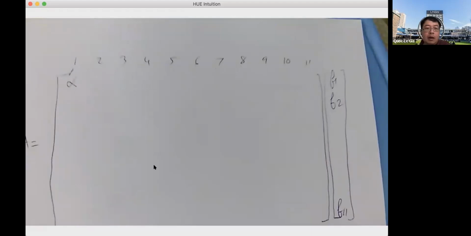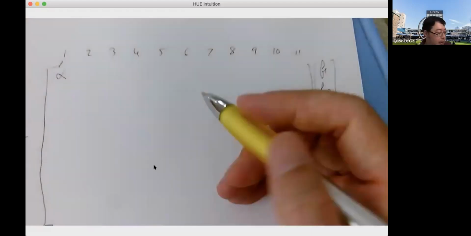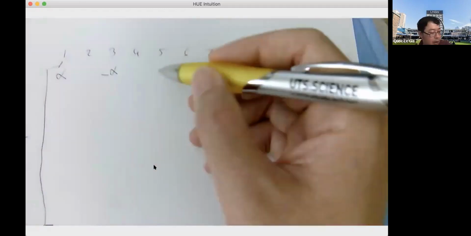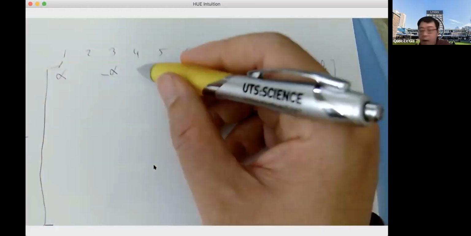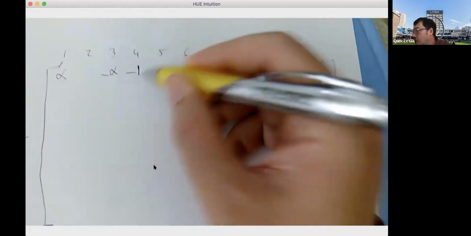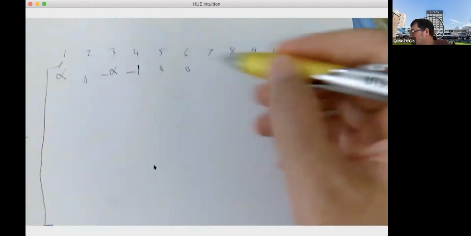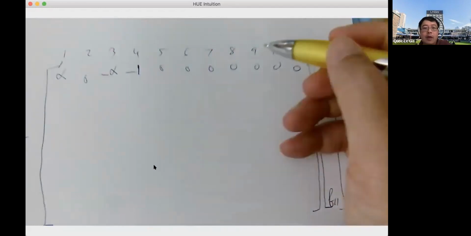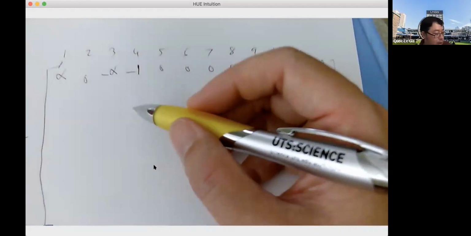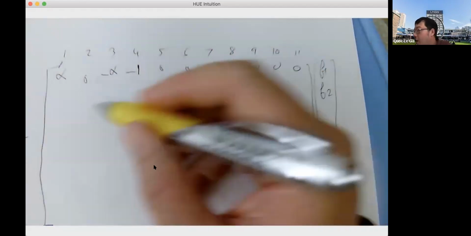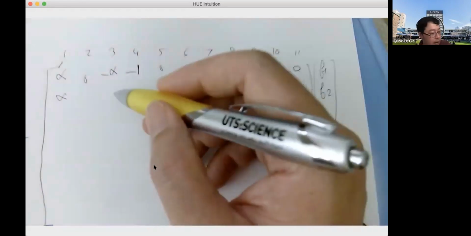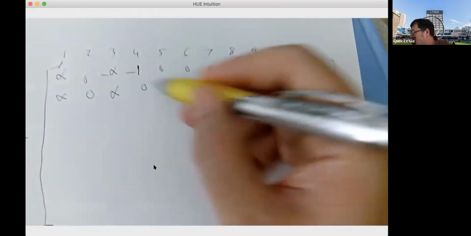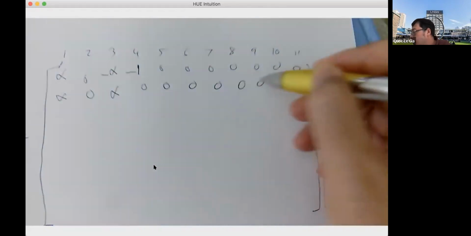The first row is alpha, then minus alpha here, and then 1 minus 1 here, and the rest is just equal to 0. Then you can write out the second equation: alpha here, then 0 here, then alpha here, and then 0, 0. So essentially you can fill up the matrix.